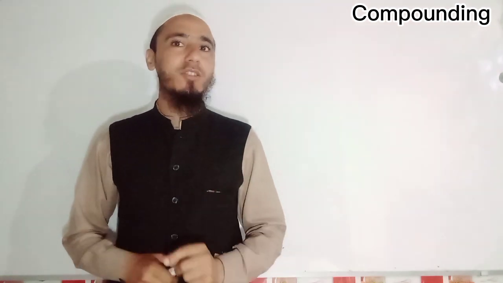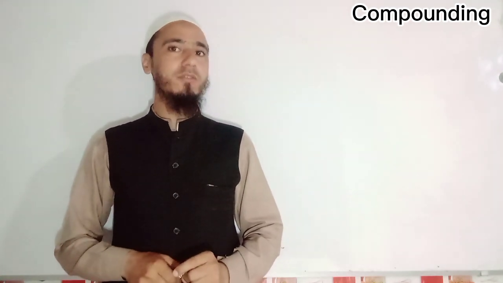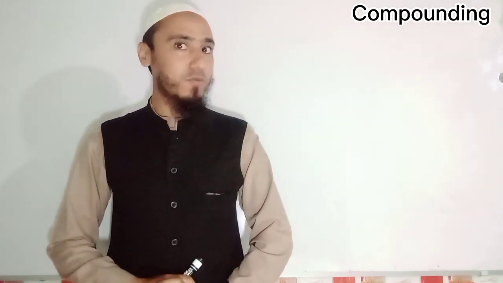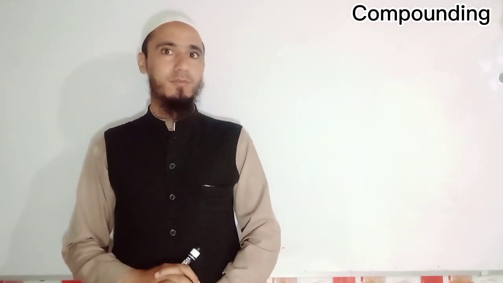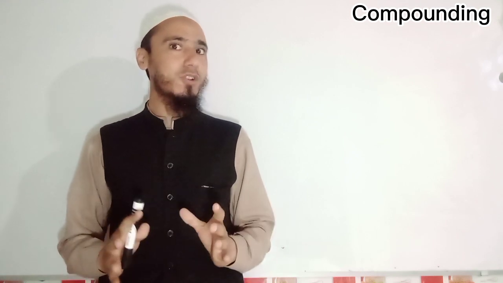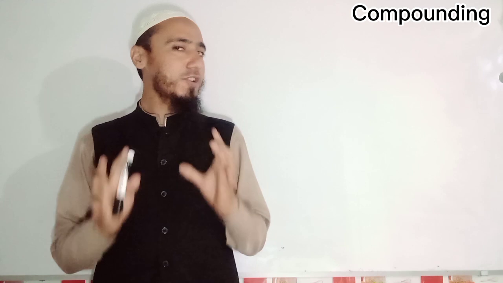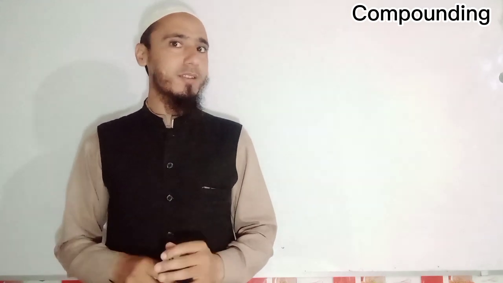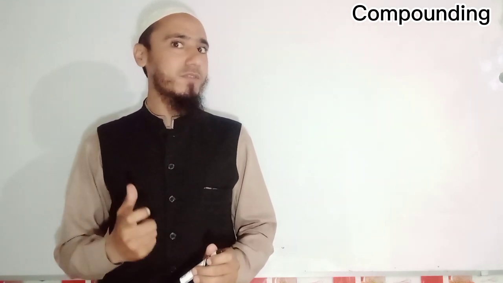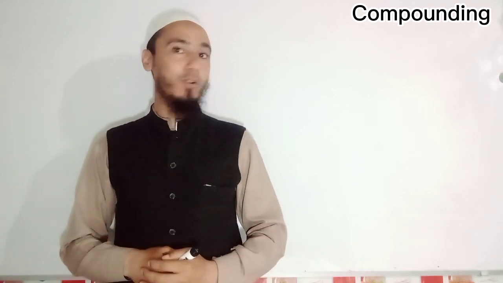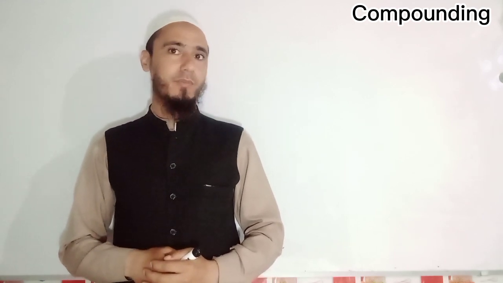Whenever we are talking about the definition of compound, compound is the combination of two words which is used to produce new words. So the combination of two words which form a new word is known as compound or compounding.